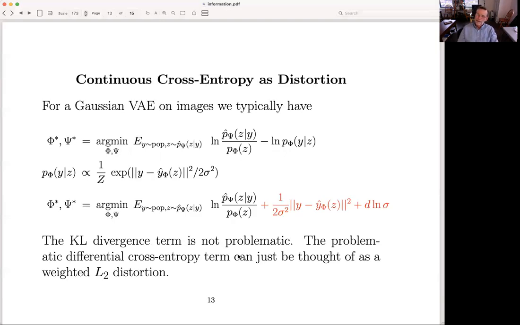Okay, let's go back and look now again at Gaussian models for variational autoencoders, Gaussian VAEs. So this is the definition of a Gaussian VAE. Here I'm using phi for the combination of both the prior and the decoder.